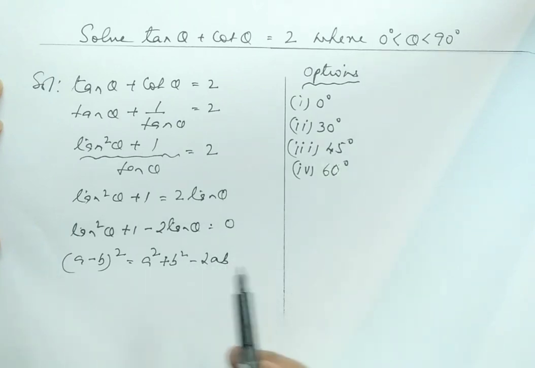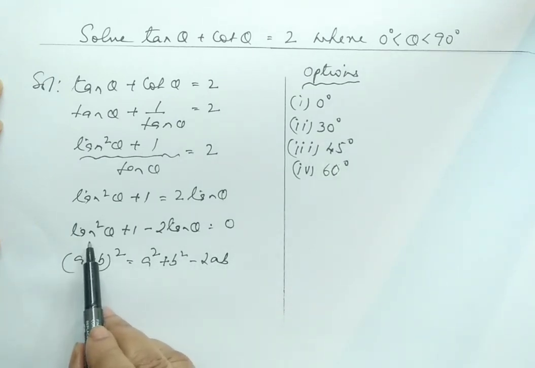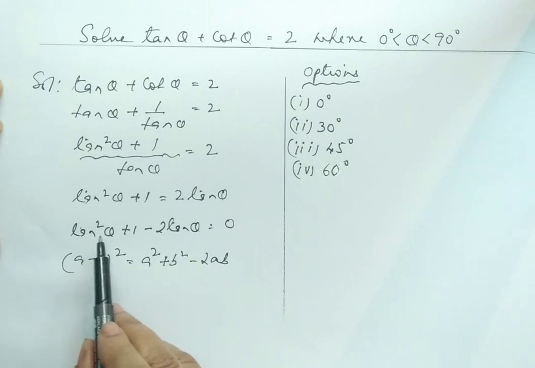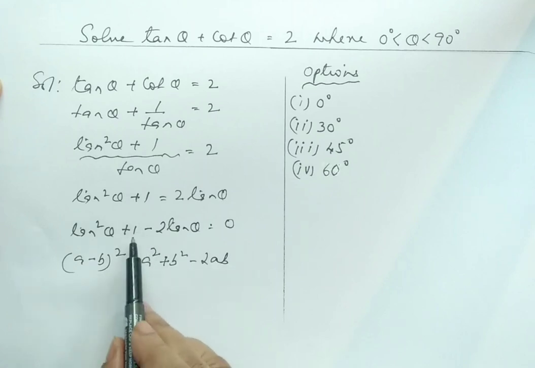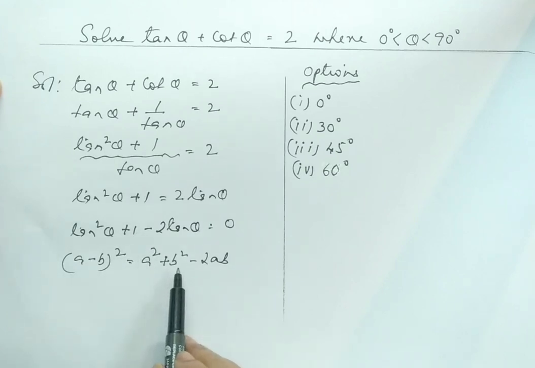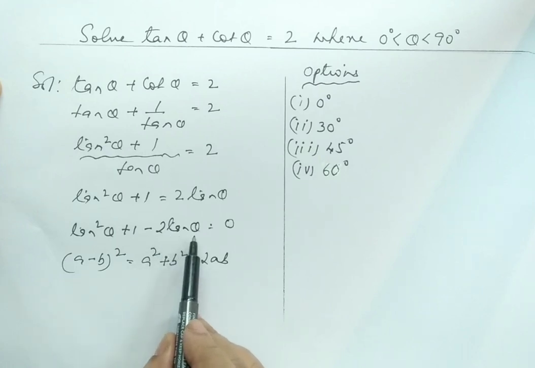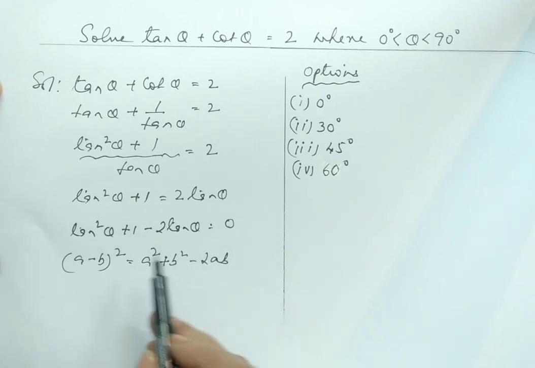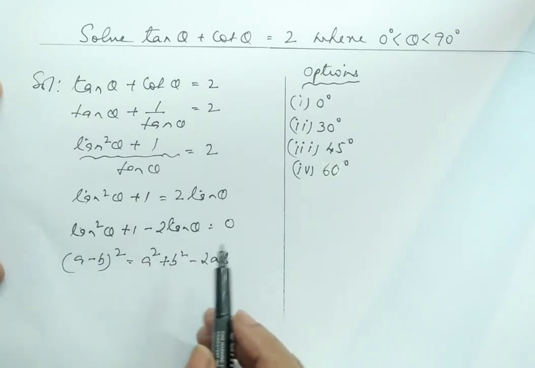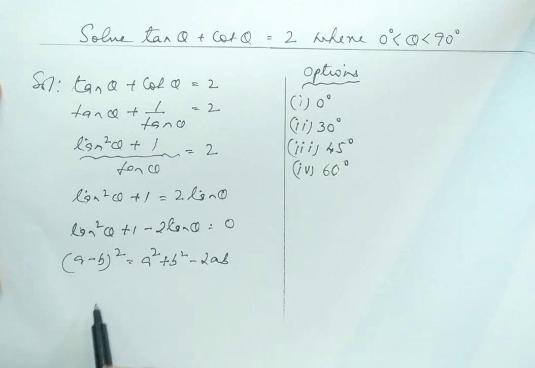This is our a, and with a square it's a square. 1 square is simply 1, which is b square, and minus 2 and tan theta dot 1. 1 we need not write. So this stands true for this identity.